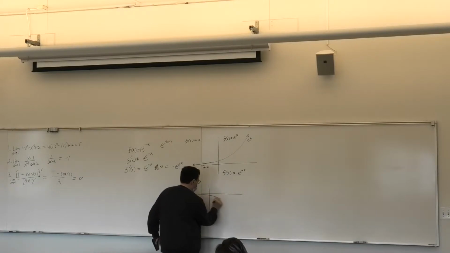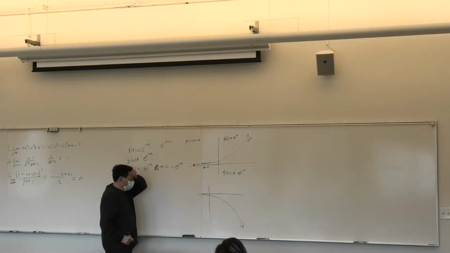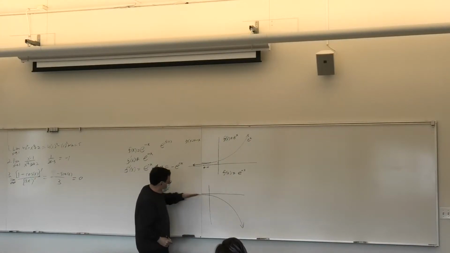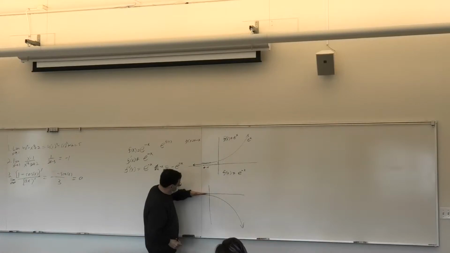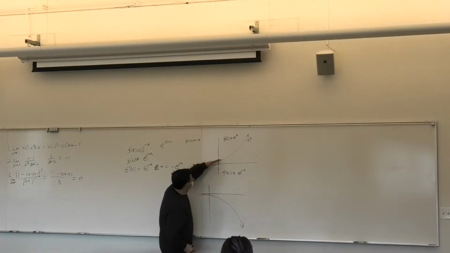It's going to be like that. All right, so what are the slopes going to be like? Well, this is close to 0, but it's negative. The slope is negative here. It's very small, and then it gets a very large negative number. Well, that's not what you have here, right?